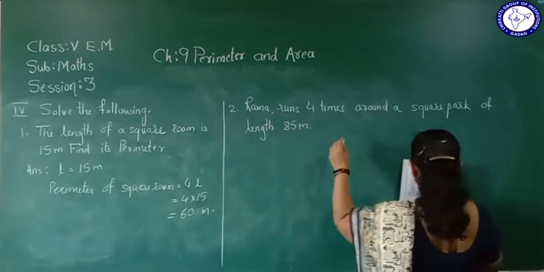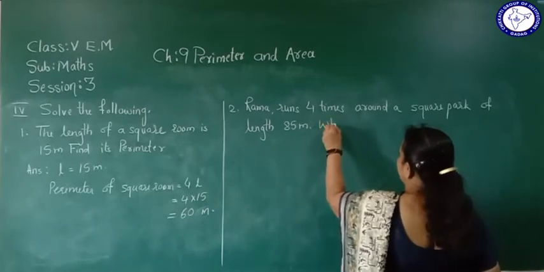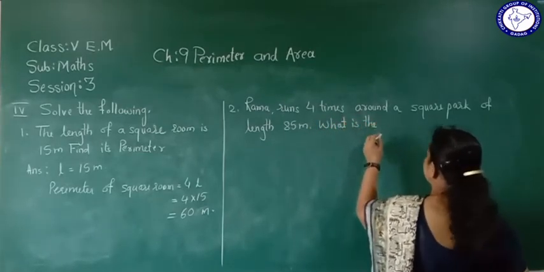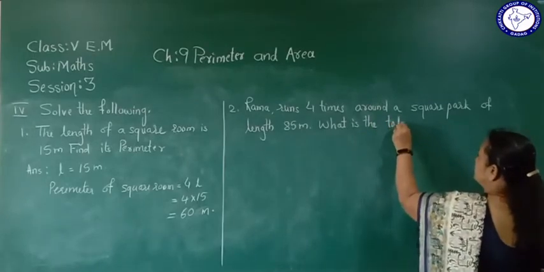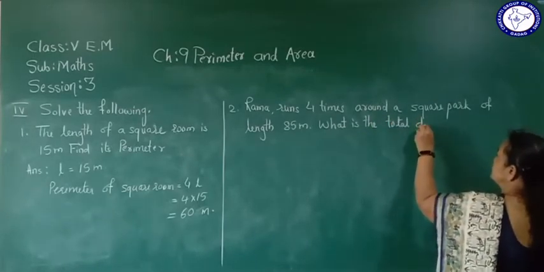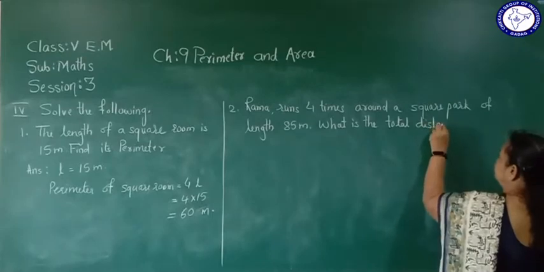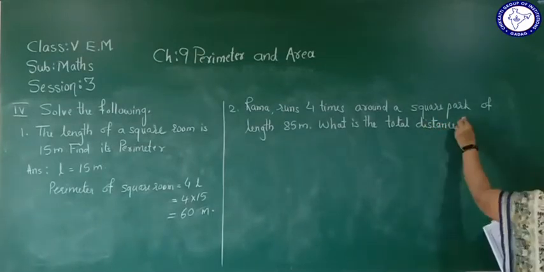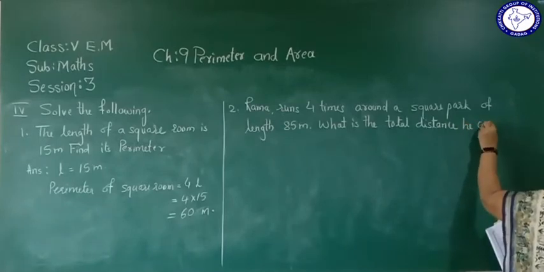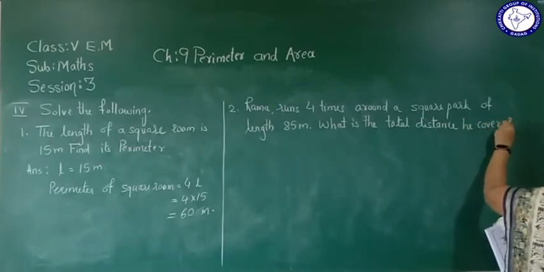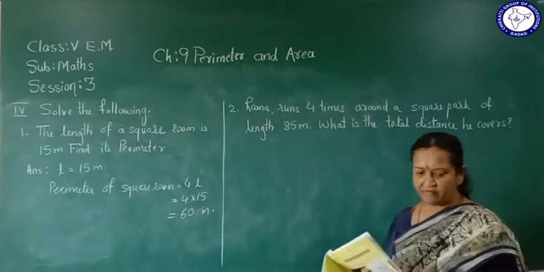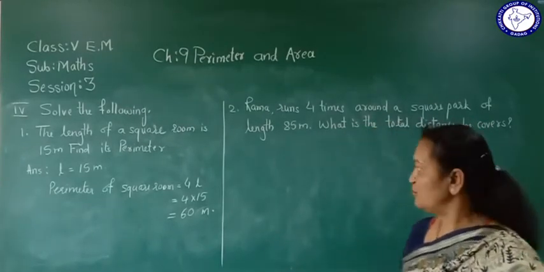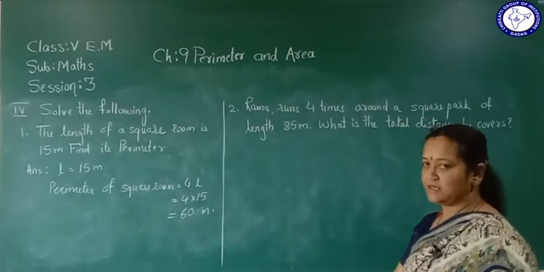What is the total distance he covered? So here first let me find one perimeter, then again multiply by 4. So we will find total distance covered.